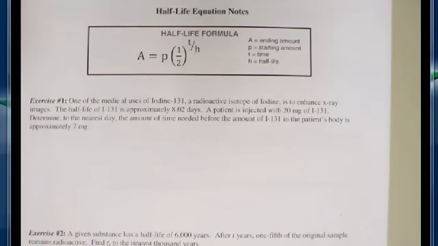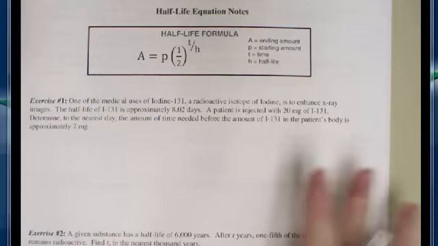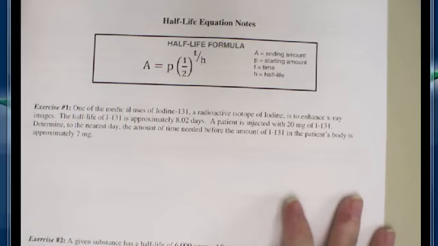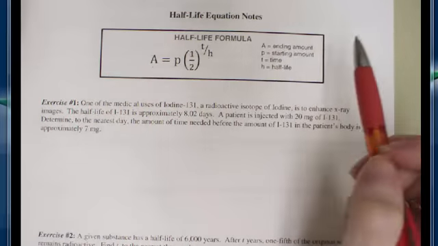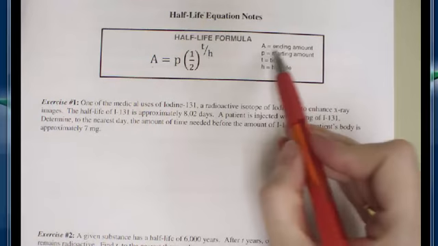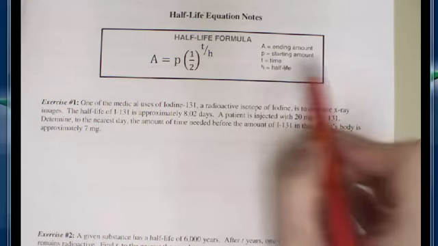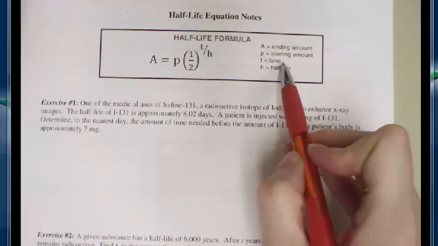Okay. Our next one are half-lives. Half-life formula. So instead of it growing, we're going down, okay? Take a minute to read through number 1. Actually, before you read through number 1, same things here. Ending value, starting value, time, and the half-life.